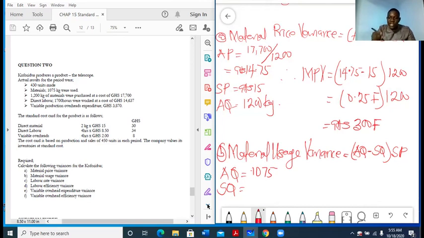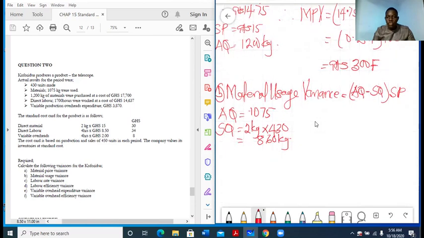So how much material should we have used? 2 kg times 430 units gives us 860 kilograms. For the 430 units of goods produced, we should have used 860 kilograms of materials. But what did we actually use? We used 1,075.